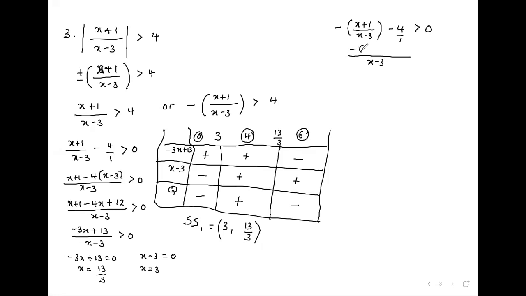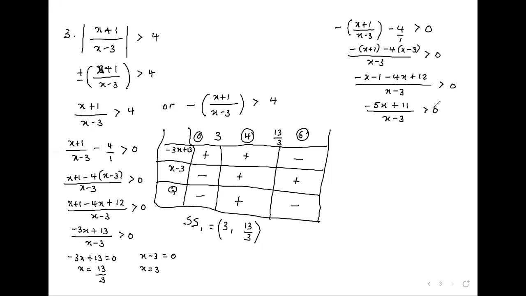Then we have minus x plus 1 minus 4 times x minus 3 is greater than 0. Then we get negative x minus 1 minus 4x plus 12 over x minus 3. This is bigger than 0. Then we get negative 5x plus 11 over x minus 3 bigger than 0.